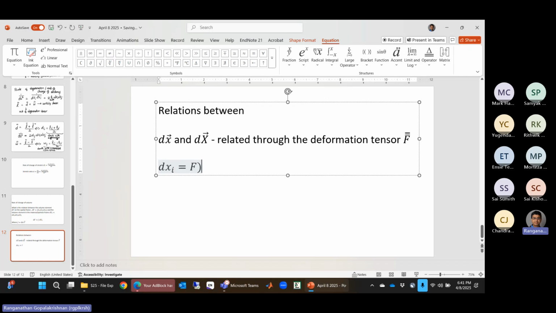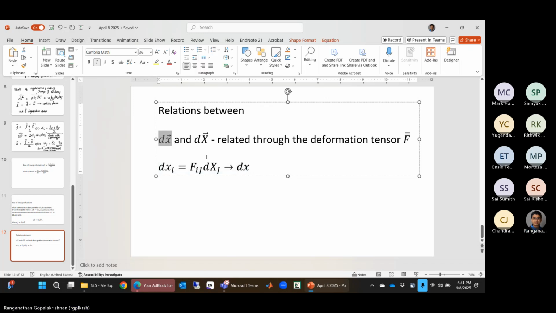And if you are wondering how, exams next week, so we would just write this. dxi is Fij dXj, which you can write in vector form as dx vector. How will you write this in vector form? dx vector equal to F. I'm going to say it.